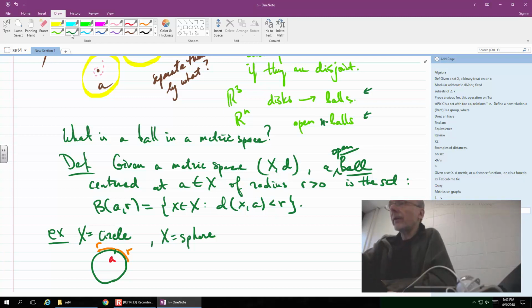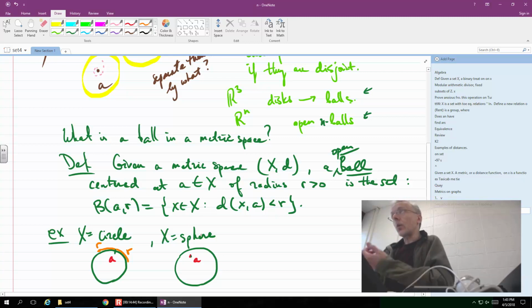The same with the sphere, except it will be more like a disk. So if my point A is here somewhere, I will have not strictly speaking a circle, but something like it, like this, right? It will be curved naturally. So that's my disk, or well, a ball.